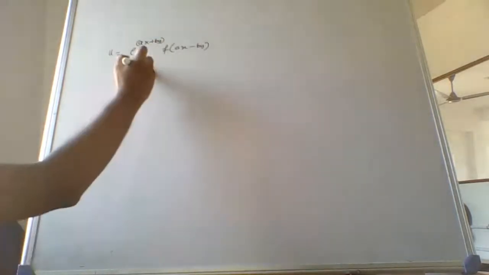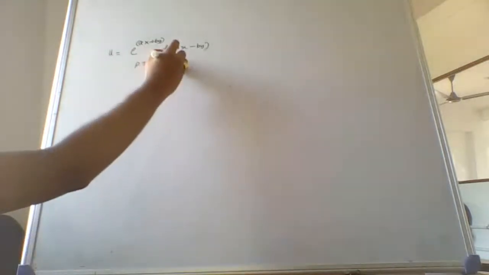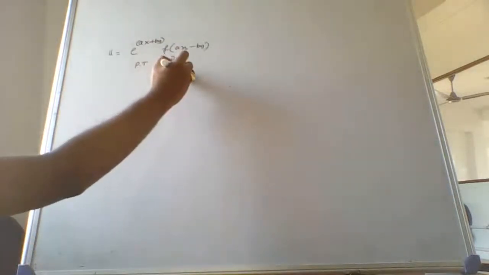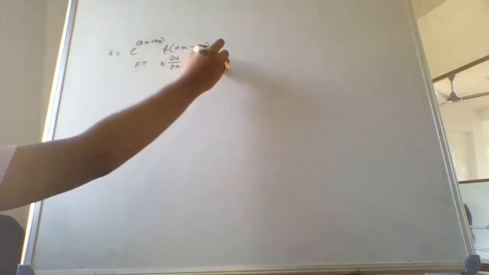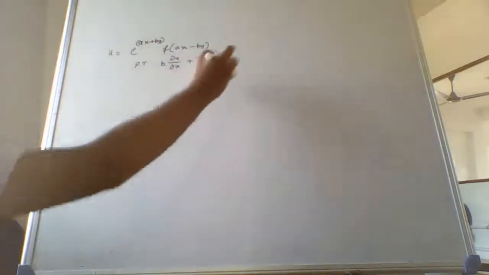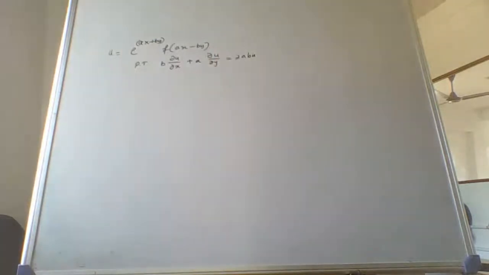Let us prove that b dou u by dou x plus a dou u by dou y is equal to 2 times abu. So let us try to solve this now.